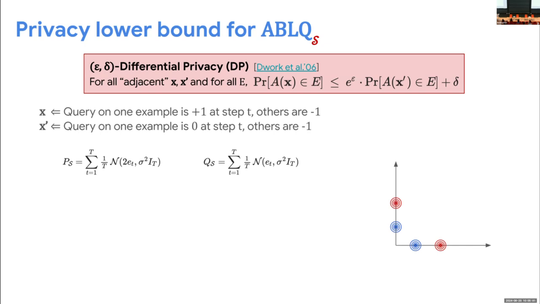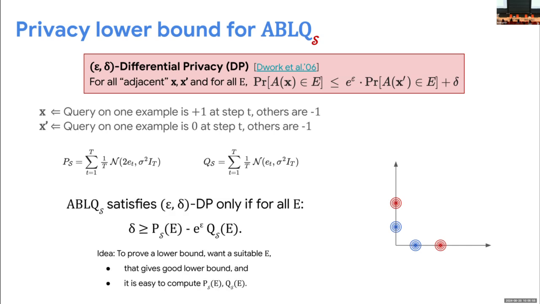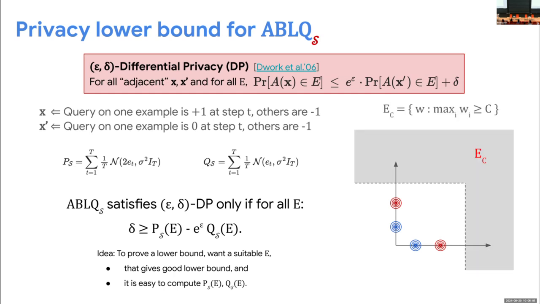Distinguishing these two distributions, we show, is equivalent to distinguishing mixtures of Gaussians centered at the standard basis vectors and 2 times the standard basis vectors. To show a lower bound, it just suffices to find a distinguishing set that can establish this lower bound on delta. And the distinguishing set is actually quite simple. We just consider the set where the max coordinate is at least a certain value C. And that's it. Just this construction, if you try different values of C, gets you that lower bound.